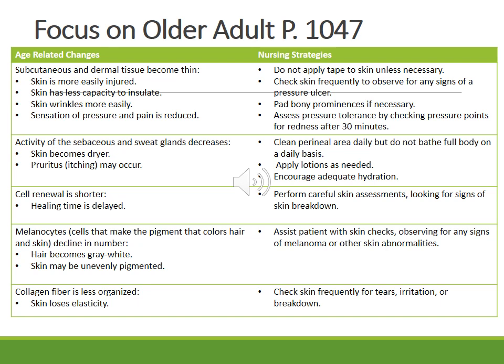Their skin is more thin, it can be easily injured. They have maybe a less capacity to insulate. Their skin's more wrinkly. And their sensation of pressure and pain is reduced when we talk about the subcutaneous and dermal tissue layers.